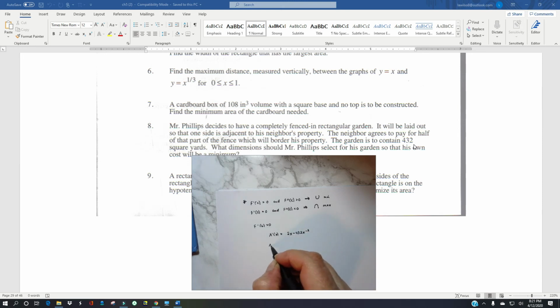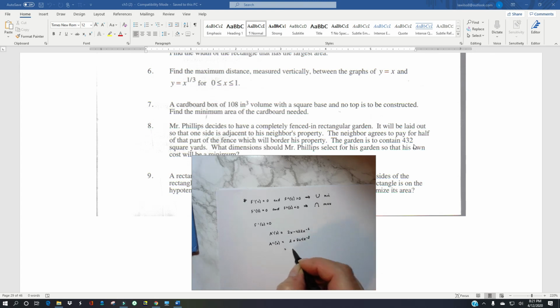So let's find the second derivative. That's going to be 2 plus 864x to the minus 3. And that's 2 plus 864 over x cubed. So if I evaluate that second derivative at 6, I'm going to have 2 plus 864 over 216.